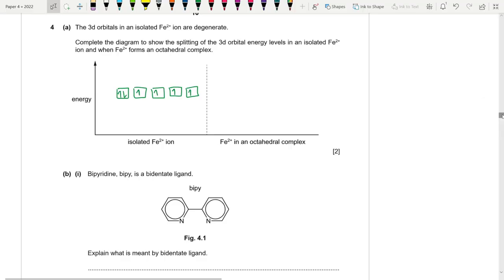Now, after splitting, we know that in an octahedral complex, it's going to split into two divisions. Two orbitals are going to a higher energy level, while three orbitals are going to go to the lower energy level. The xy, yz, and xz go to the lower ones, and x square minus y square and z square go to the upper one. So now the new configuration will be. Oh, by the way, this is an Fe2 plus ion, so it's going to have 2 electrons less, right?